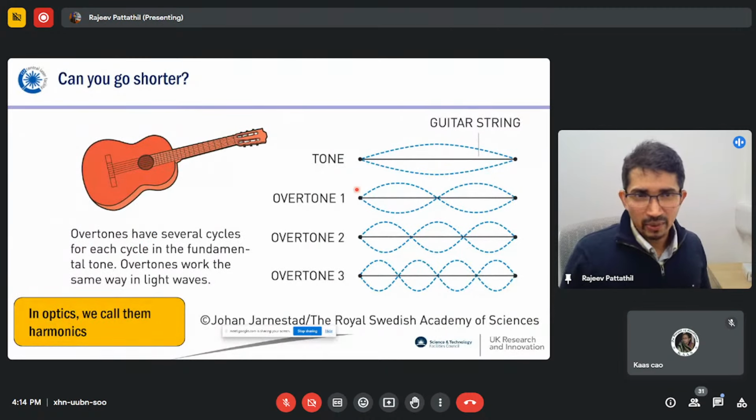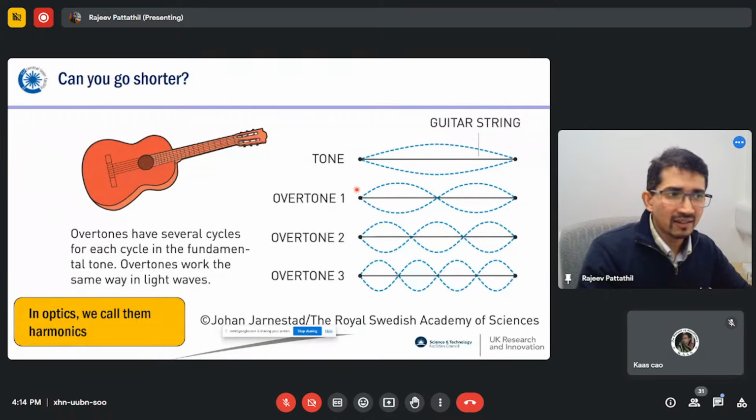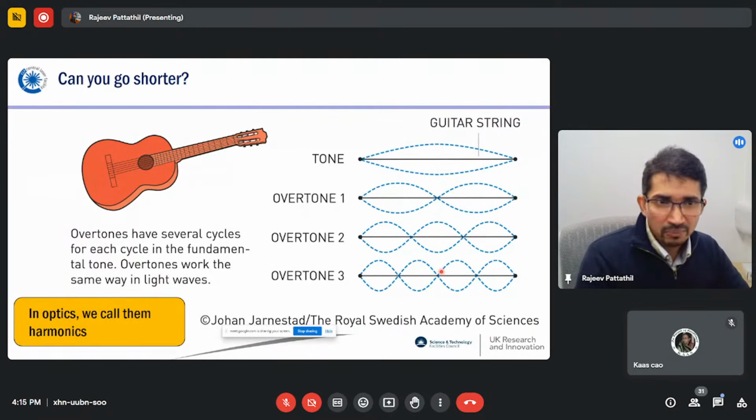You may have heard this if you are musically inclined: if you have a veena or guitar, pretty much any string instrument, when you pluck it, you can imagine you have two ends, and that cavity can support multiple frequencies as long as the nodes are at the ends. These are different overtones that a string instrument can support. But when you come to optics, we call them harmonics.